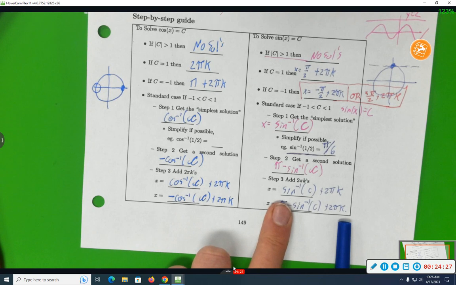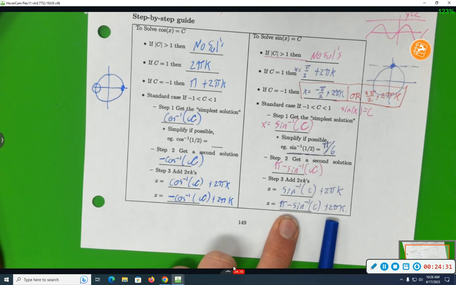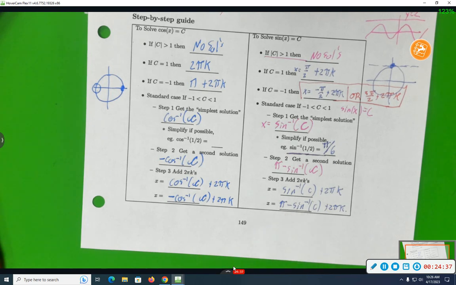If I want to solve sine of x equals c, it'll be inverse sine of c plus 2 pi k, and pi minus inverse sine of c plus 2 pi k. So I have these statements that just tell me the solutions to trig equations. Let's use those to solve some trig equations.